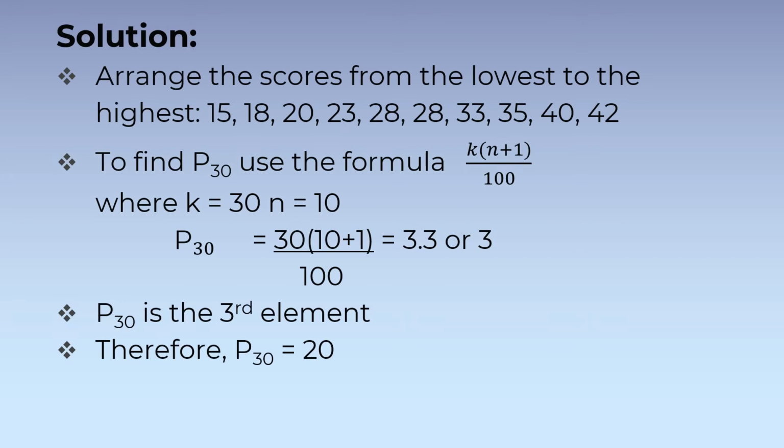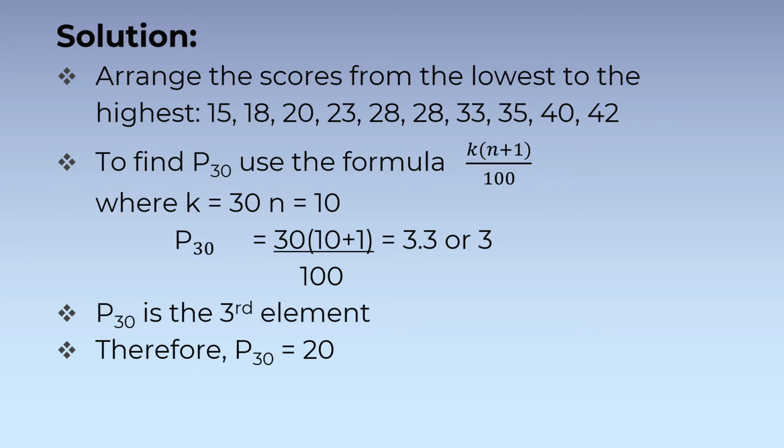This is the solution in the given example. First, arrange the scores from the lowest to the highest. 15, 18, 20, 23, 28, 28, 33, 35, 40, 42. To find P sub 30, use the formula K multiplied by the quantity n plus 1 over 100, where K is equal to 30 and n is equal to 10 because there are 10 given numbers.